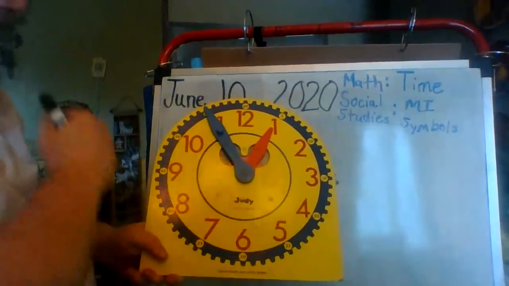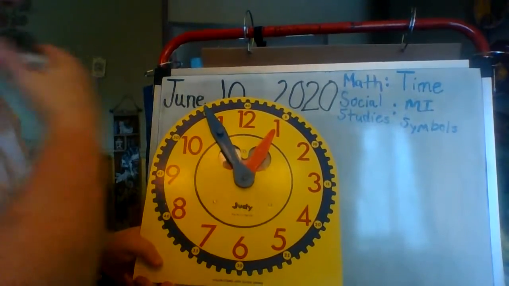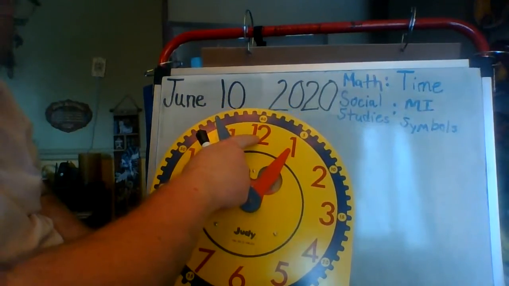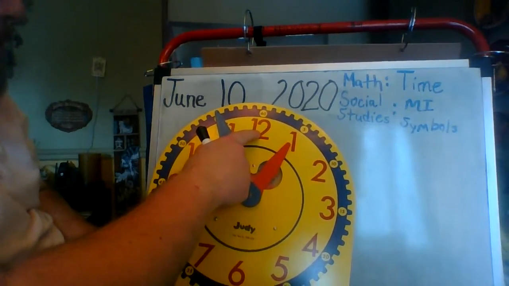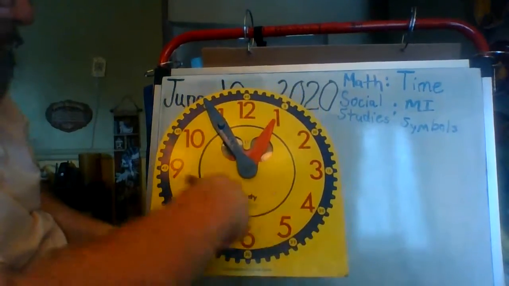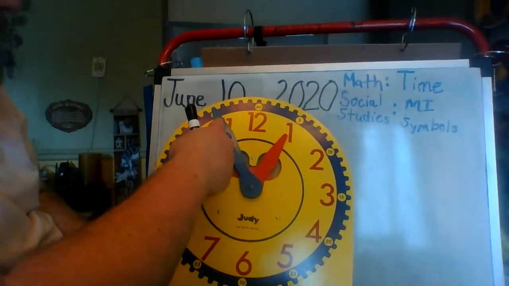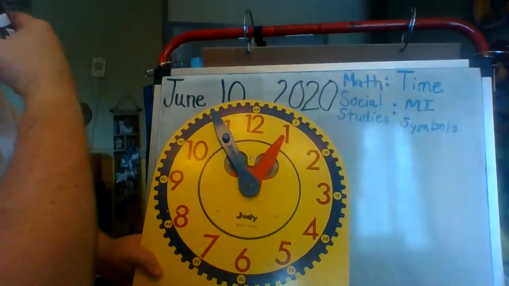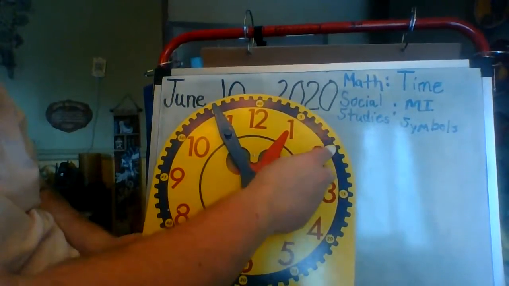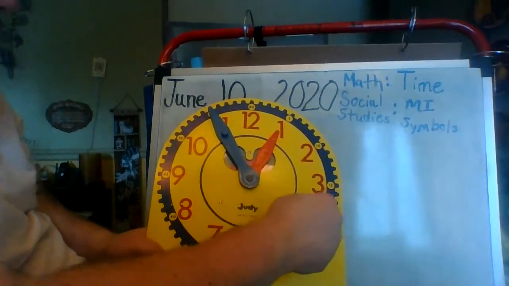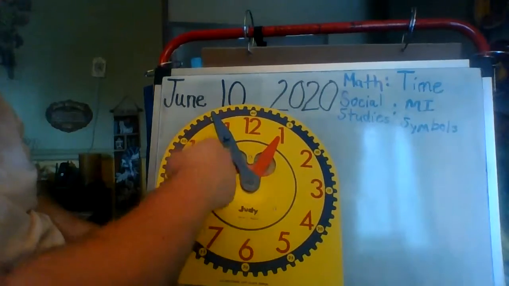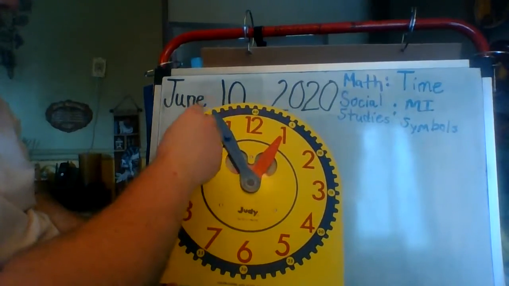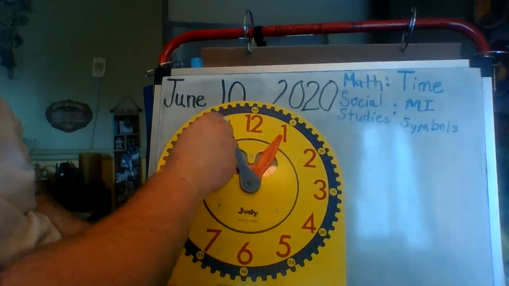If I look at the minutes now, again, I'm not quite at o'clock yet. I'm not on the hour. I'm going to have to count by 5 again, stopping at my minute hand to figure out how many minutes this is. 5, 10, 15, 20, 25, 30, 35, 40, 45, 50, 55.